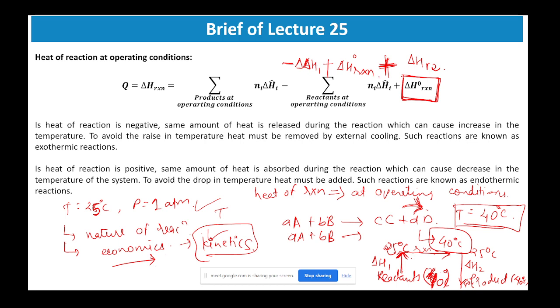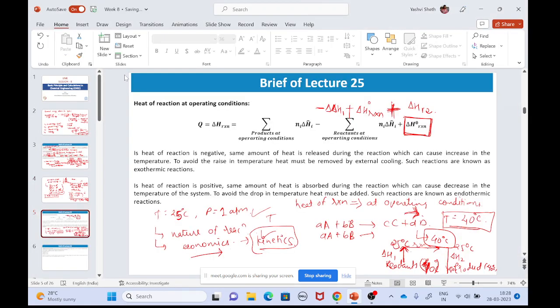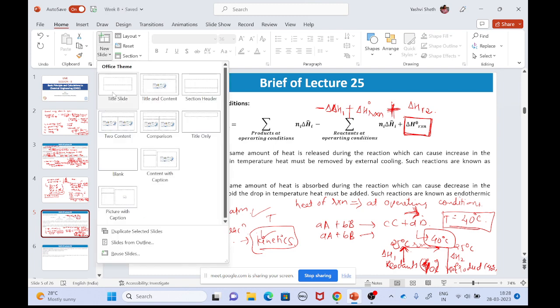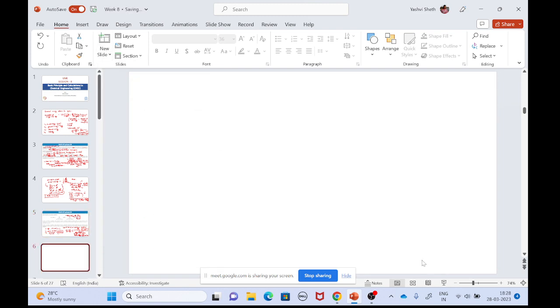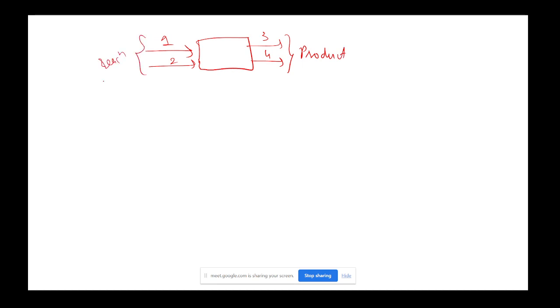Now if you have n number of moles, say for example you have a process with component 1, component 2, component 3 and component 4. These are products, these are reactants.